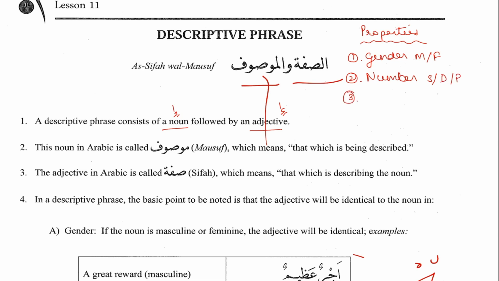The third is type: is it definite or indefinite?